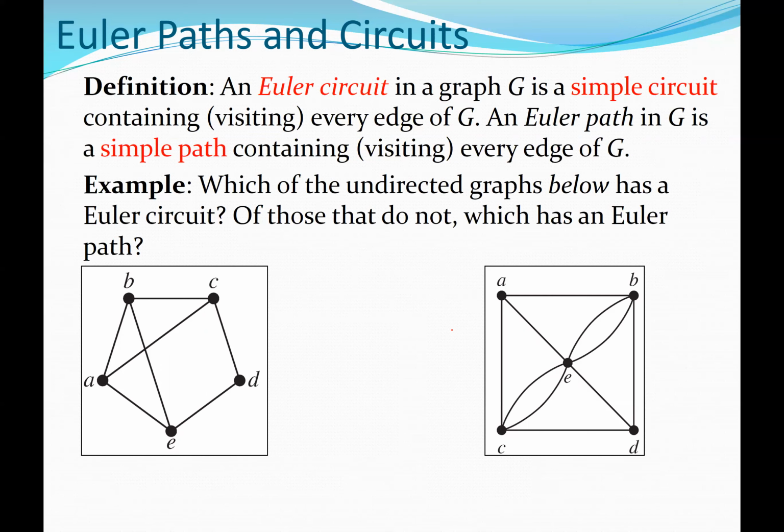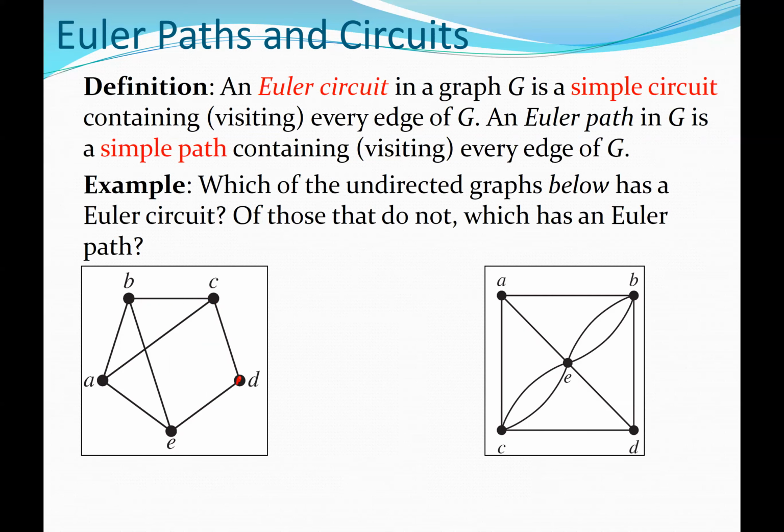So let's see, we pick B. Remember, we try to cross the edges once, not the vertices. So I can go to here, to there, to there, to there, and I'm stuck because I still have two edges untouched, BE and AB. So let's try again with another vertex, another approach.